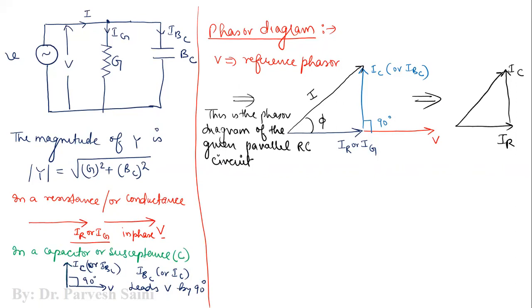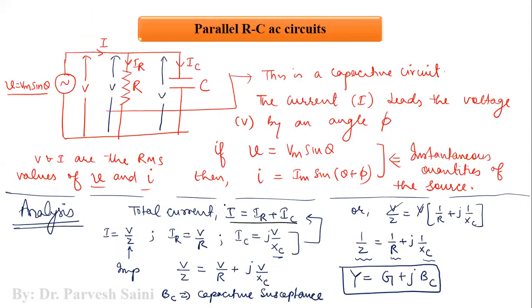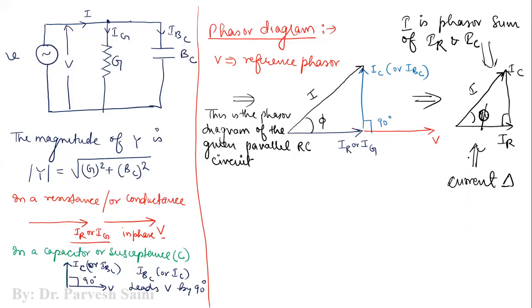Then you have this I, and this is 90 degrees here. Now you can see this is the current triangle. So from the current triangle, you can see that I is the phasor sum of IR and IC, right? Which is given here also. So this is understood from the given current triangle.